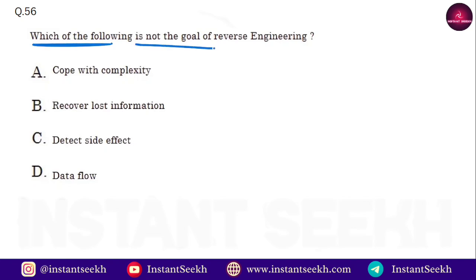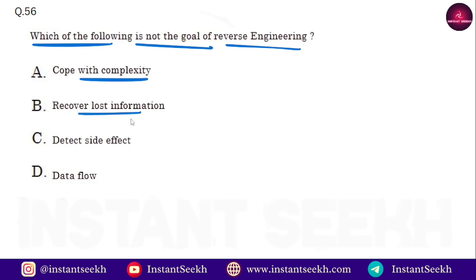Which of the following is not the goal of reverse engineering? Cope with complexity is basically understanding a large or complex system for maintenance or migration. This is a goal of reverse engineering, where it is to simplify and understand the complex system. Recover lost information: yes, if design documents or source are missing, then reverse engineering helps to regenerate them.